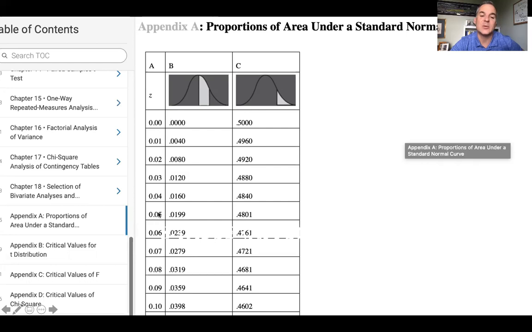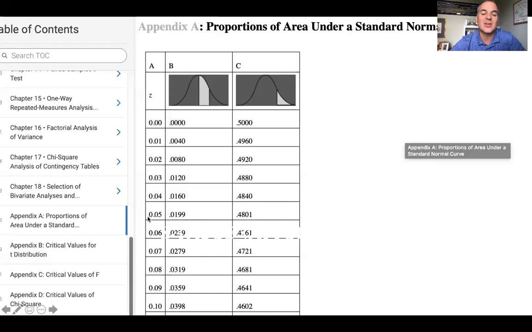But let's look at z equals 0.05. A z of 0.05 tells me that about 2%, 1.99%, of responses are between z equals 0.05 and the mean. On the other hand, I know that just over 48% of responses are above z equals 0.05.